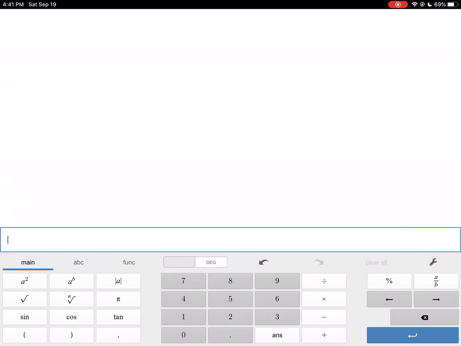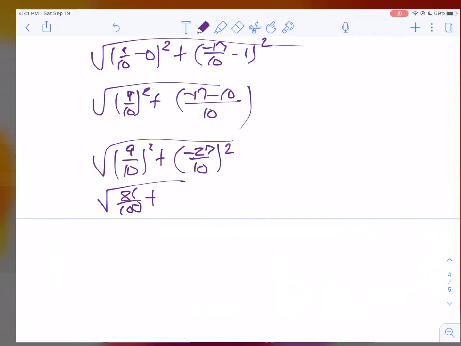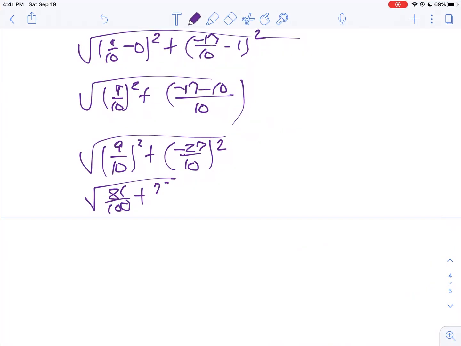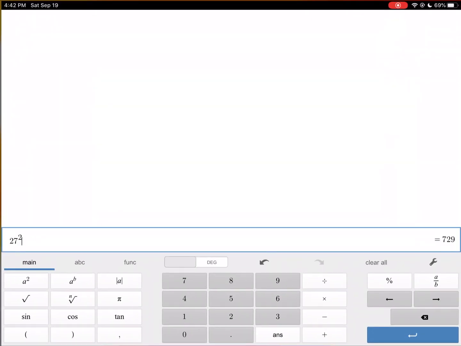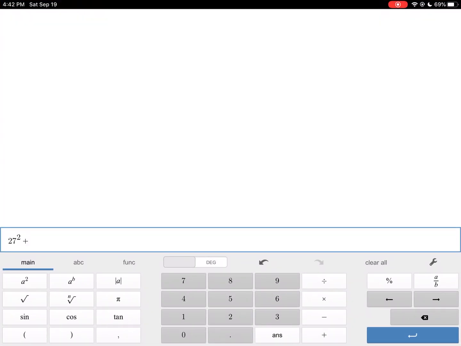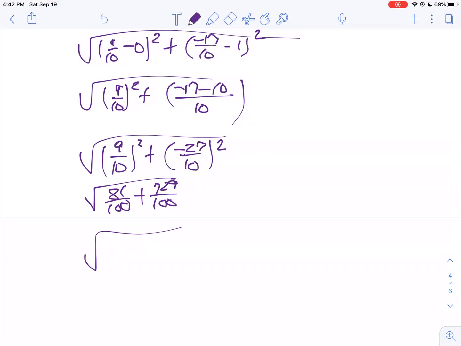Clear out everything here, we don't need all that stuff. So 27 squared is 729. Well, we can add them, 81 plus 729, because they have a common denominator, is 810. So we get the square root of 810 over 100.